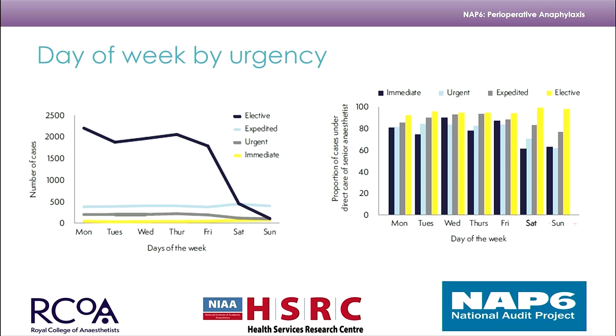And elective operating does decrease over the weekends, but actually on Saturday and to a lesser extent on Sunday, we are still performing elective procedures. This chart also shows that more urgent surgery is happening pretty consistently across all days of the week.